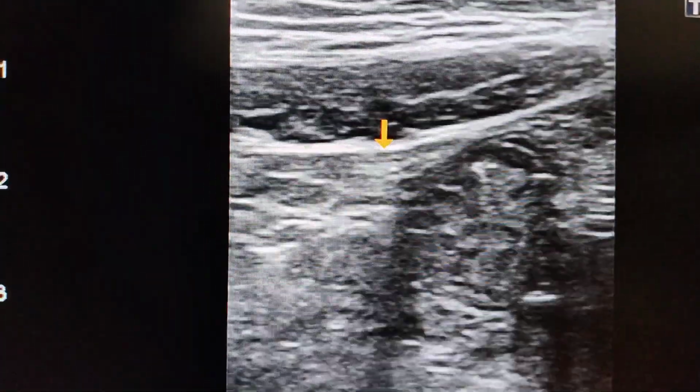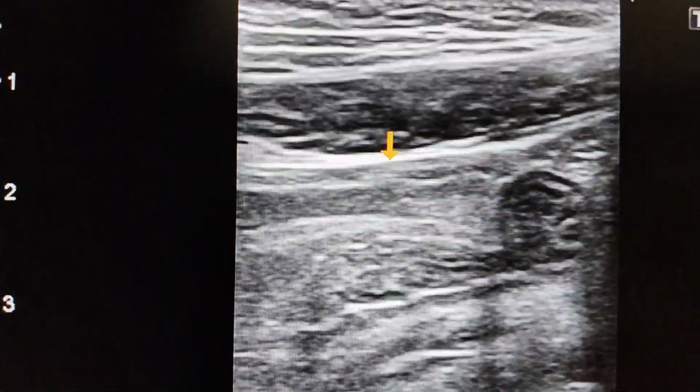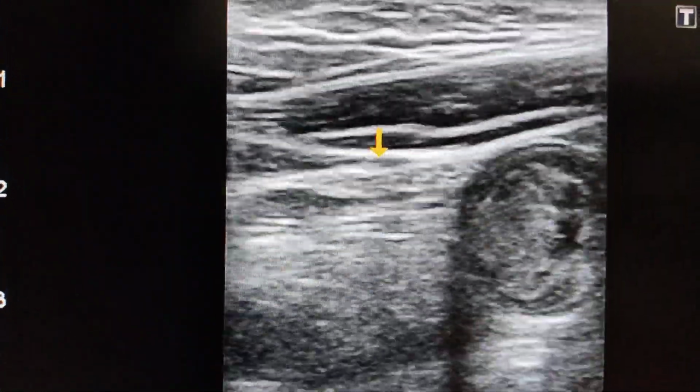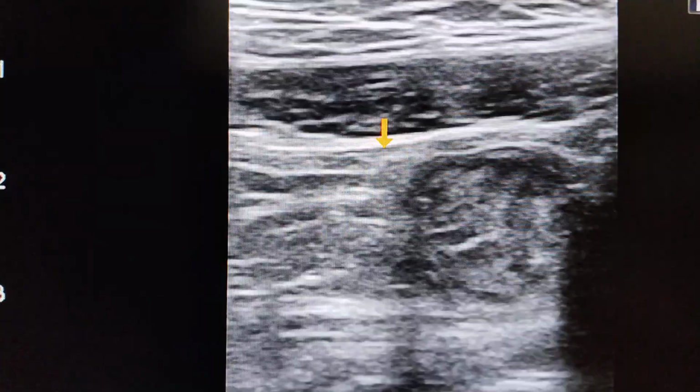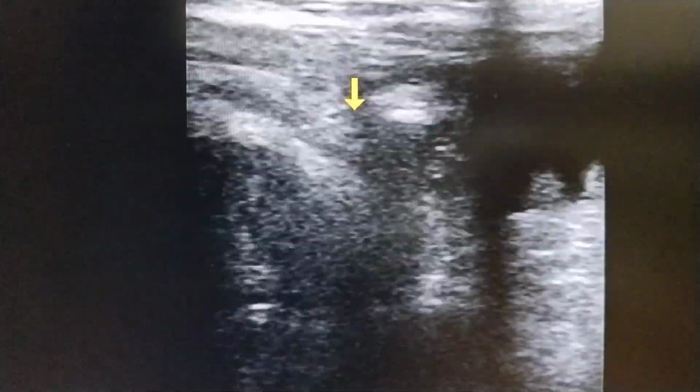This is the small bowel which is spared. No involvement of the small bowel is seen, and also we can't appreciate any lymphadenopathy.